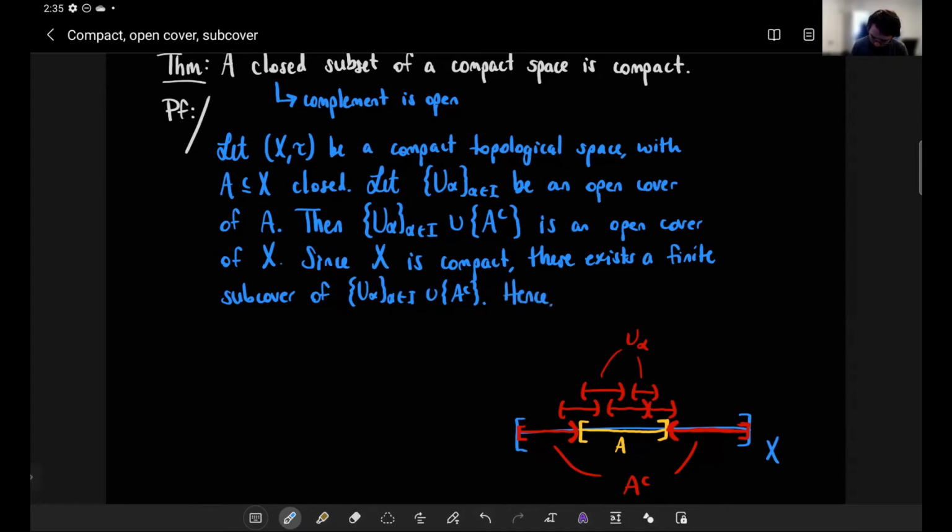So I'll just say hence. Actually, let's give it a name. So there exists a finite subcover, say U alpha sub i, and let i range from 1 to n. And let's just, for safety's sake, toss in A complement, that secondary open set we found. Then what happens? Well, it turns out that this collection, ignoring the A complement, ends up being a finite subcover of the cover we started with.